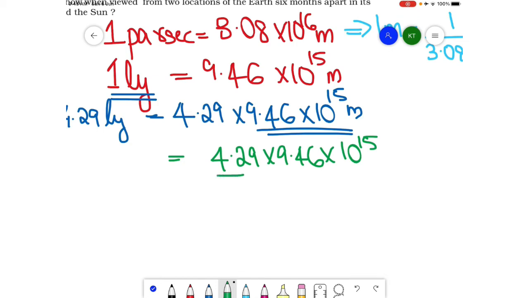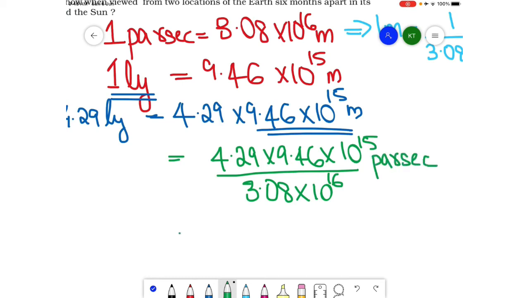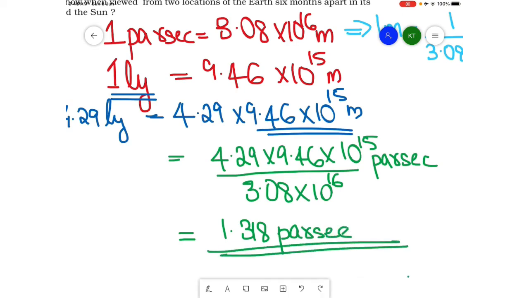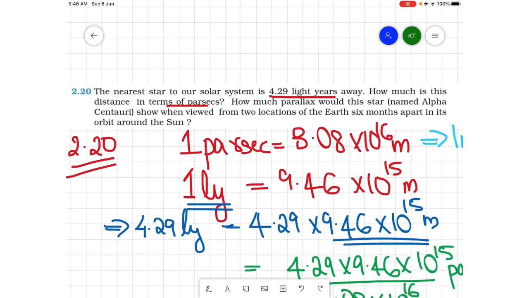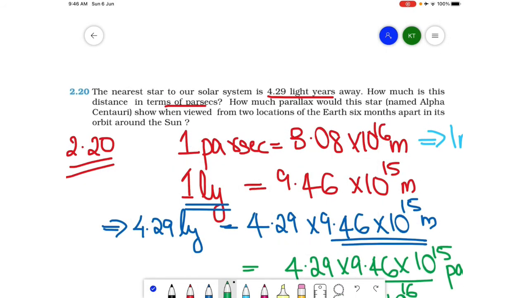Now we have to convert this into parsec, since 1 parsec is equal to 3.08 into 10 power 16 meters. Right? So we get this in terms of parsec. Therefore, we get the final answer to be 1.318 parsec. This is our answer. Now let's see the next part of the question.